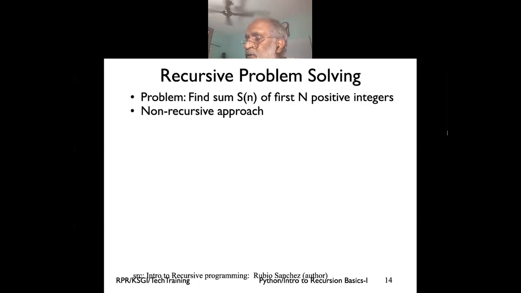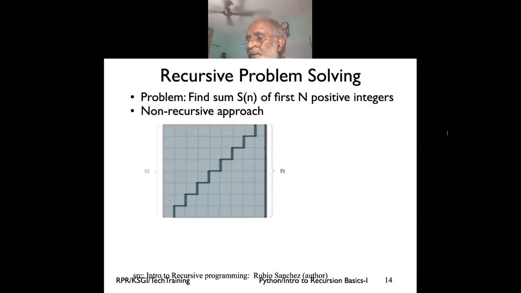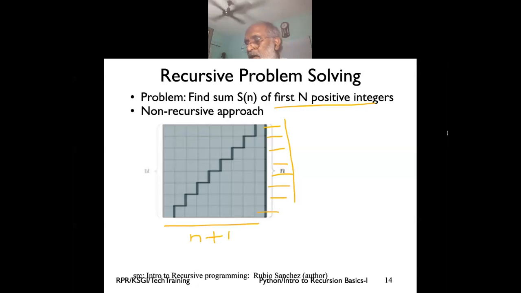So essentially, let's look at this. We are saying, I need to find the sum of first n numbers. Let me give another very recursive approach. So that means 1, 2, 3, 4, 5, 6, 7, 8, whatever. The non-recursive approach is this is size n and this is n plus 1. If you look at it, the two diagrams are symmetric.